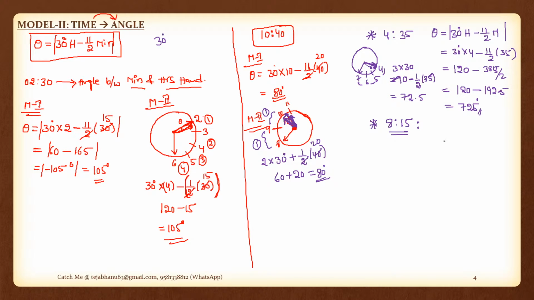See, as I told you, theta is equal to modulus of 30 degrees into h minus 11 by 2 into minutes. That is modulus of 30 degrees into 8 minus 11 by 2 into 15.